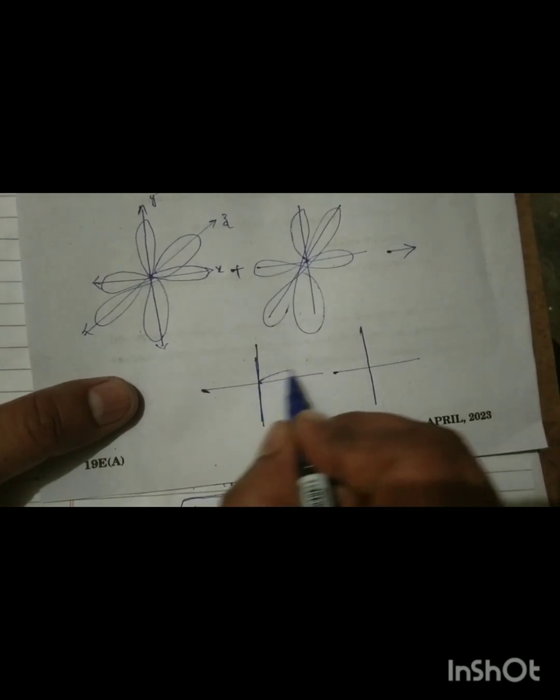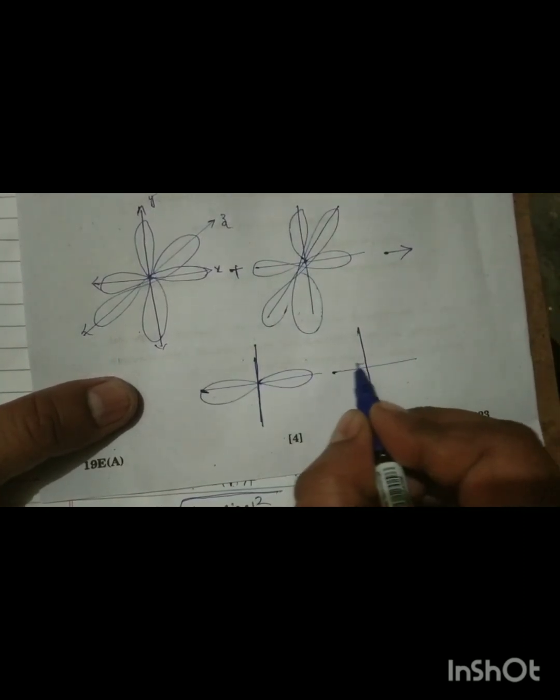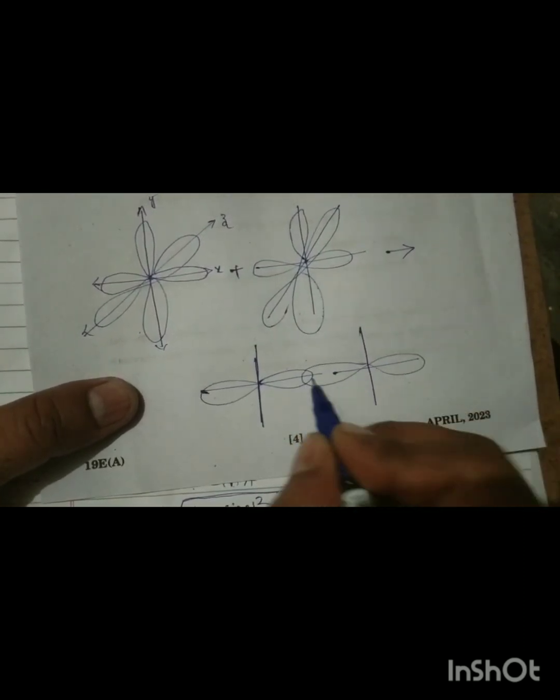See here, px to px overlap, here you'll get a sigma bond.